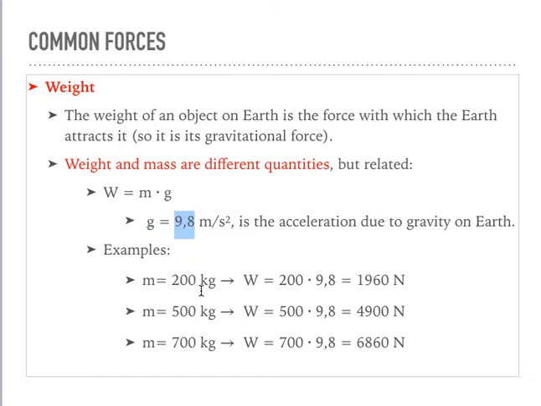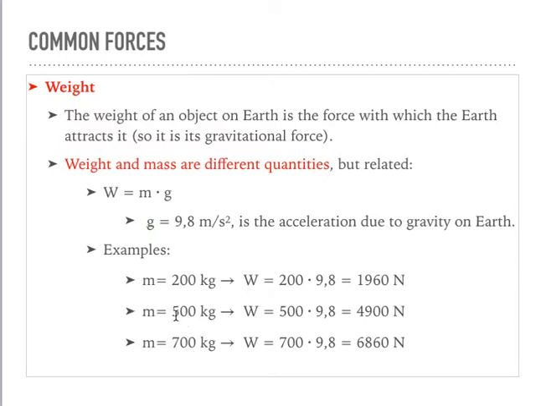So let's see some examples. If we are calculating the weight of an object of 200 kilograms, remember the unit for mass is kilograms, not grams, we just multiply 200 times 9.8, and that gives us 1960 newtons, because remember Newton is the unit for force.